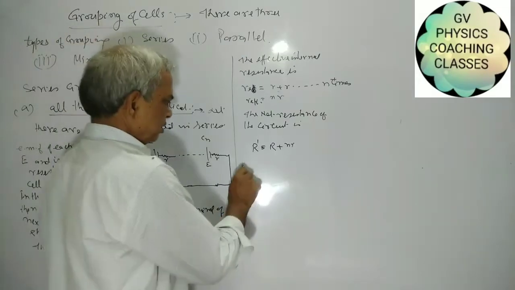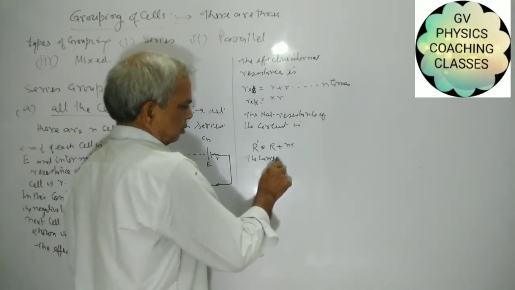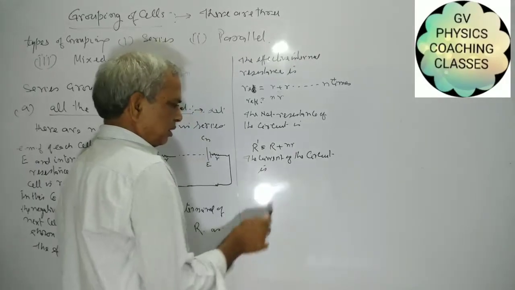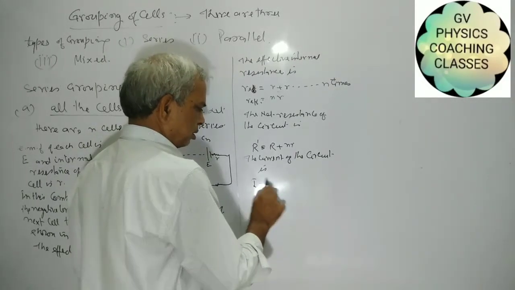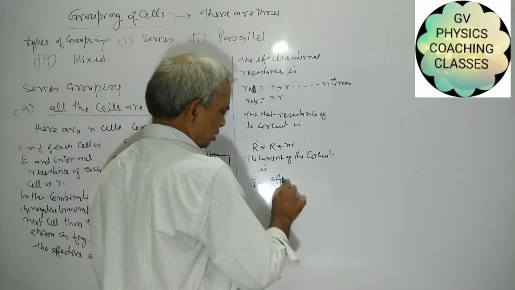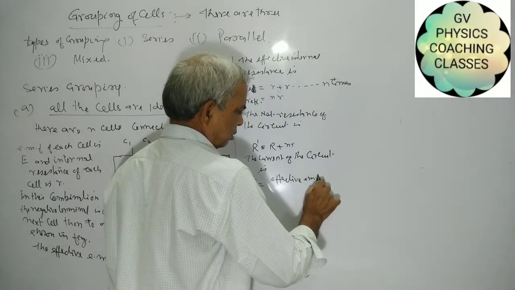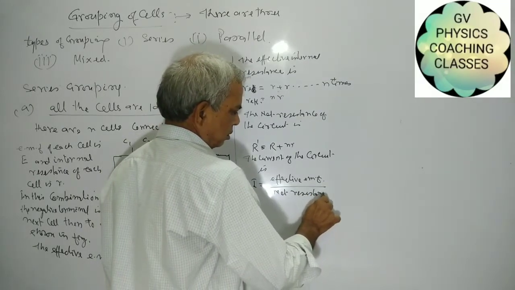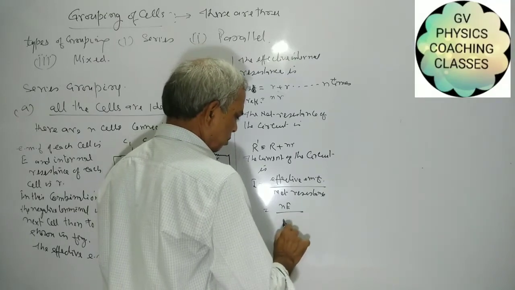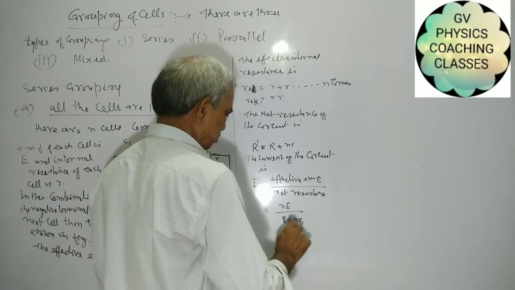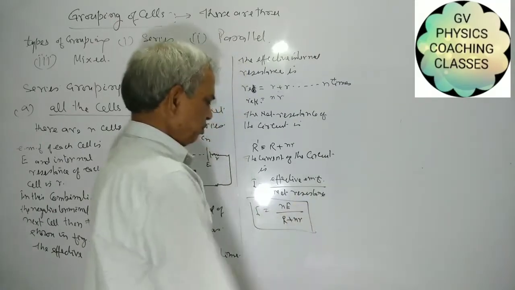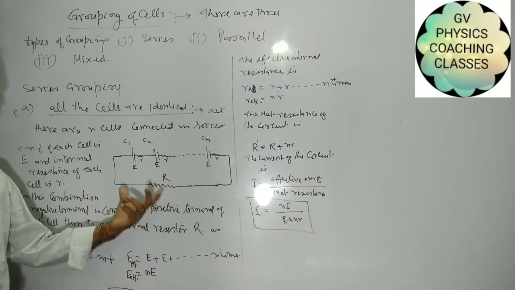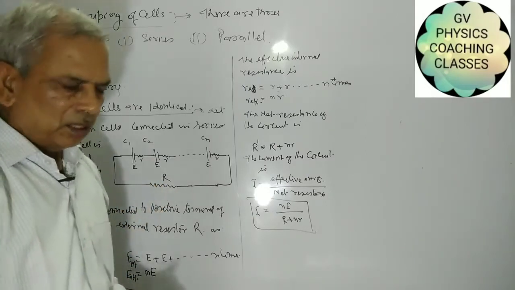So the current of the circuit is I is equal to effective EMF upon net resistance, or nE upon R plus nr. This is equal to the current of the circuit when all the cells are connected in series to an external resistance R through which the current is to be passed or the energy to be utilized.